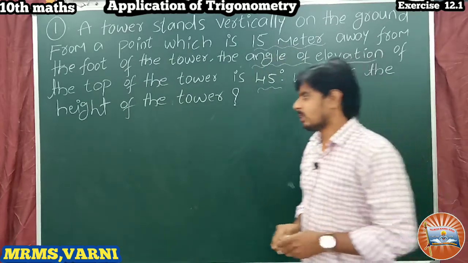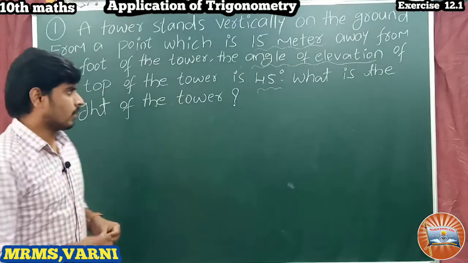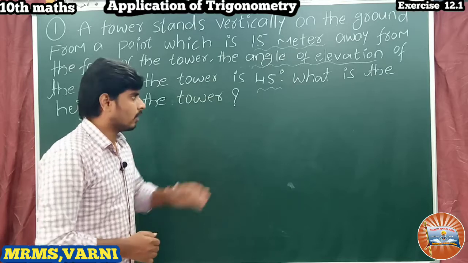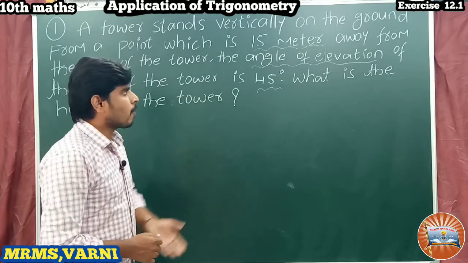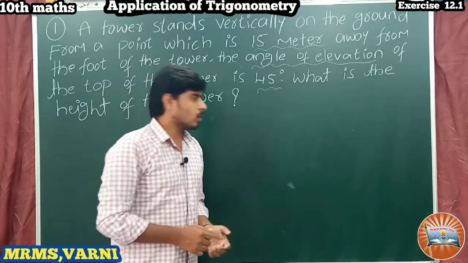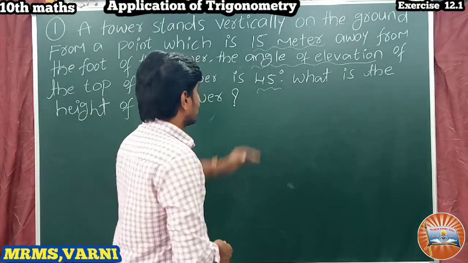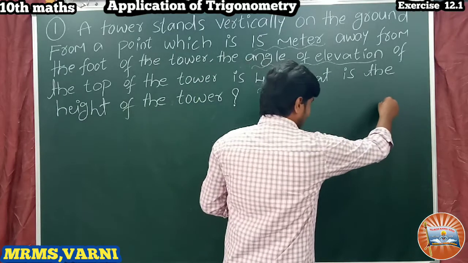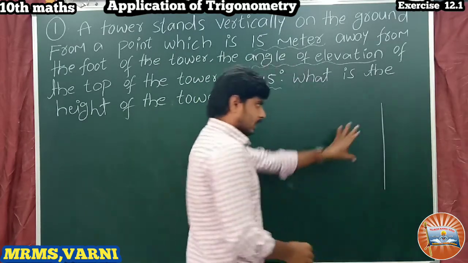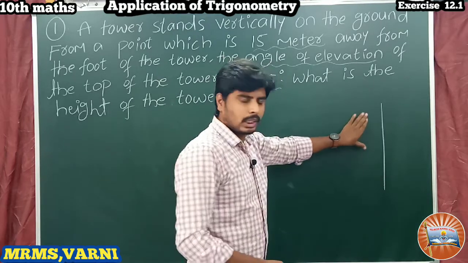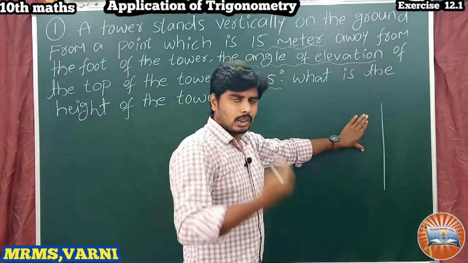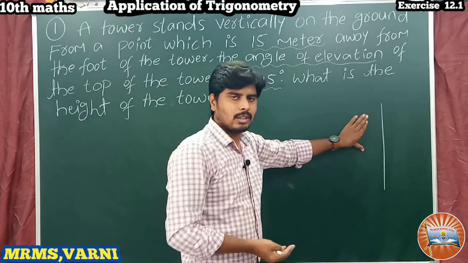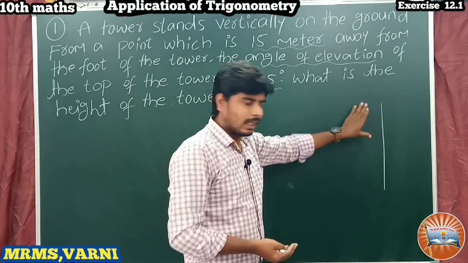First of all we have to draw a diagram for this situation. We have already learned how to draw the diagrams in the previous videos. I am taking a tower. Already we know that things like towers, trees and peaks, we imagine as a straight line.